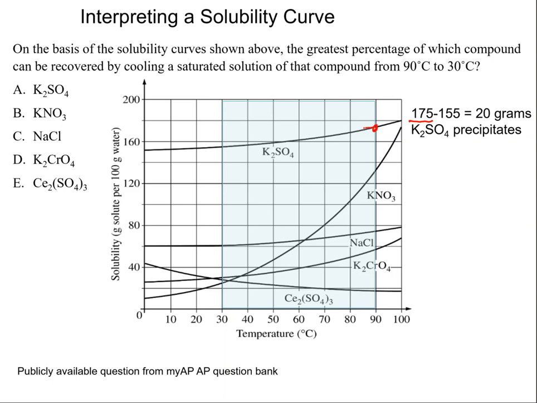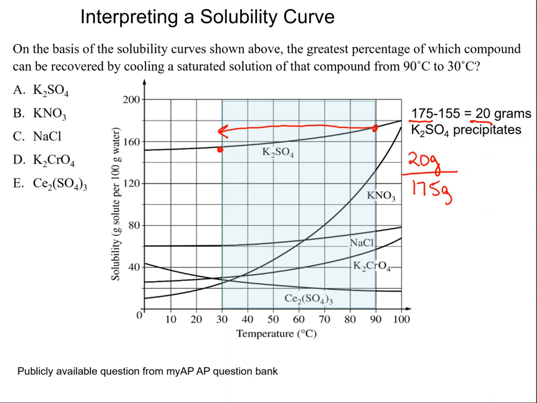As we reduce the temperature, the solubility is going to decrease until we only have 155 grams that remains in the solution. That means 20 grams precipitates. So to calculate the percent that would be recovered, we would take 20 grams, that's how much would precipitate out, and divide it by 175 grams, that's how much we had originally.